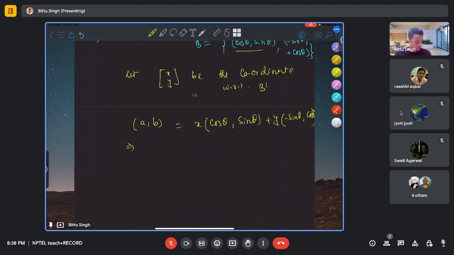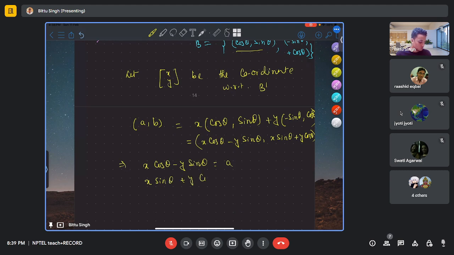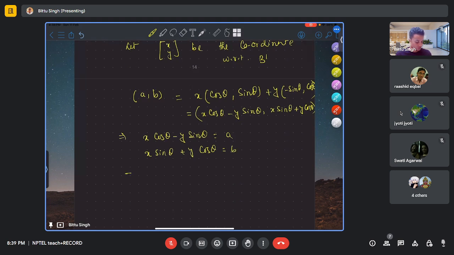This is the same as (x cos theta minus y sin theta, x sin theta plus y cos theta). So we'll have two equations. The first equation is x cos theta minus y sin theta equals a, and the second, x sin theta plus y cos theta, equals b. You can write this in matrix form: the matrix with rows (cos theta, minus sin theta) and (sin theta, cos theta), times (x, y), equal to (a, b).